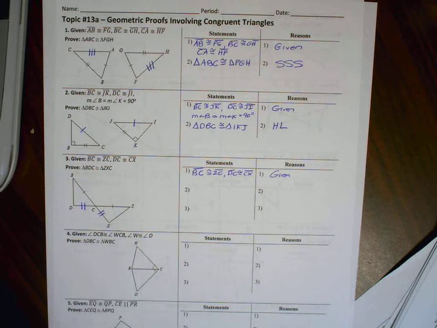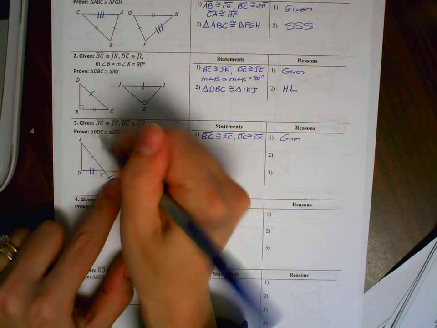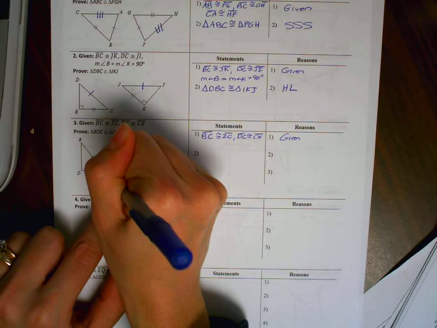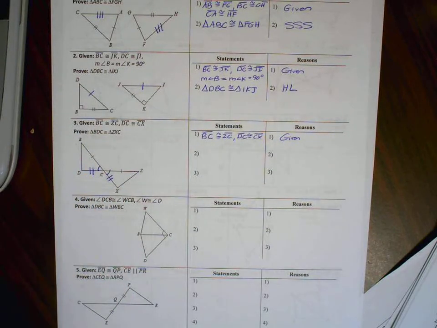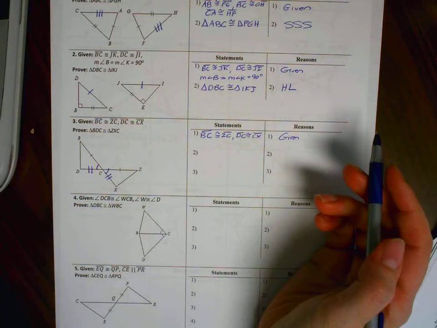Now, right now, the way my drawing is, I do not have enough to mark these as congruent. But remember that we have to look for other things like shared sides, vertical angles, midpoints, parallel lines. And I can see right here I have a vertical angle. So I'm going to mark these vertical angles congruent. And now I have side, angle, side.